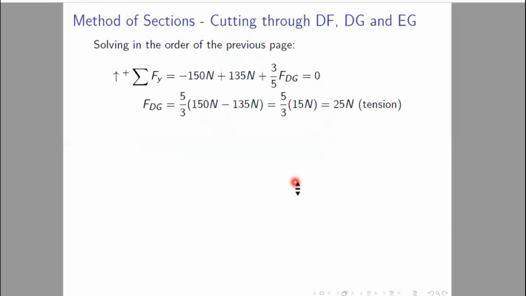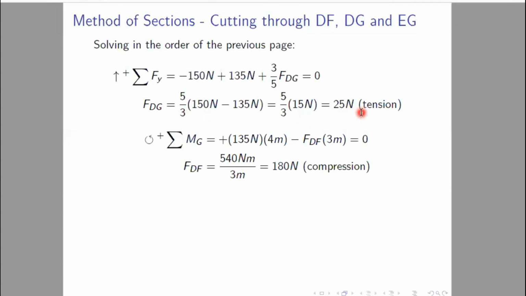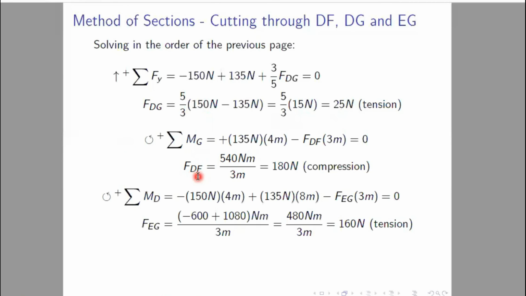So if we do that, sum of Fy equals to 0, we can easily get FDG equals to 25 Newton, which we have already calculated by taking the left hand side. At the same time, we can calculate FDF by taking moment about G, and we can compute FEG by taking moment about D.